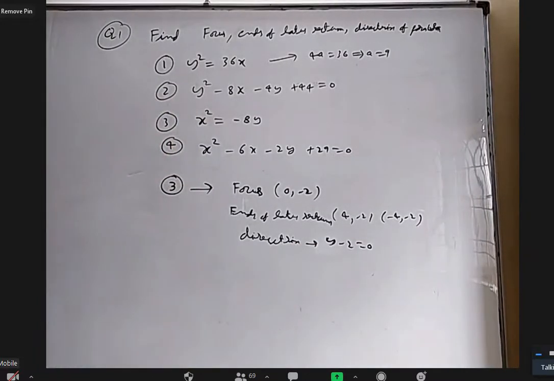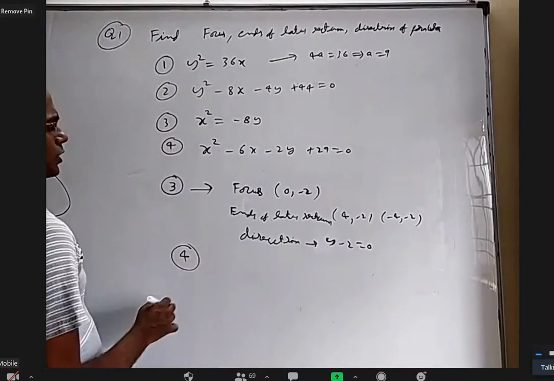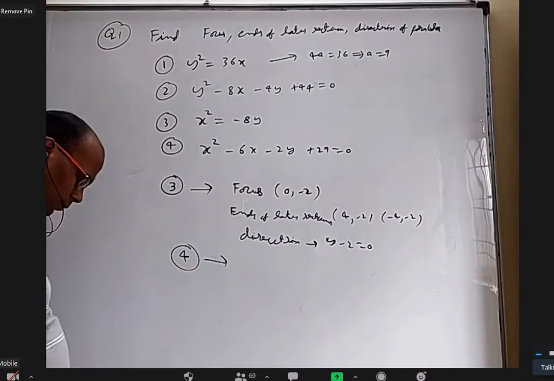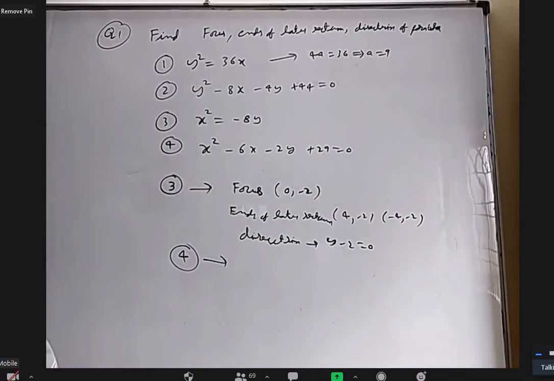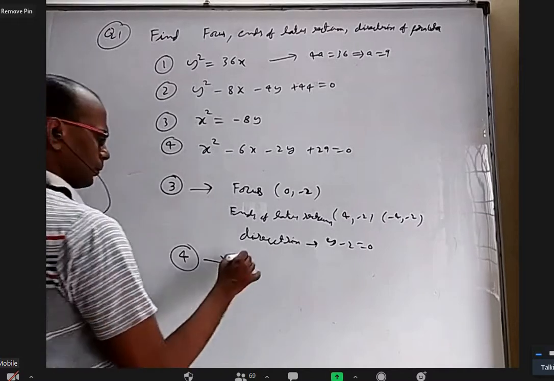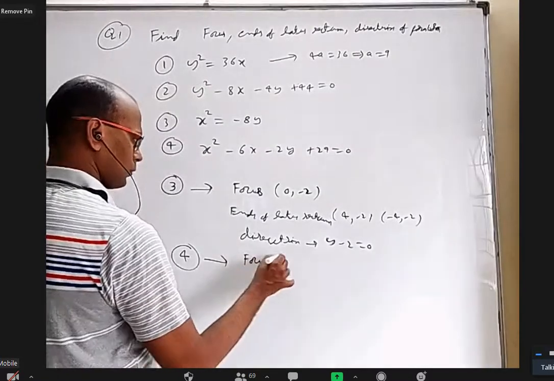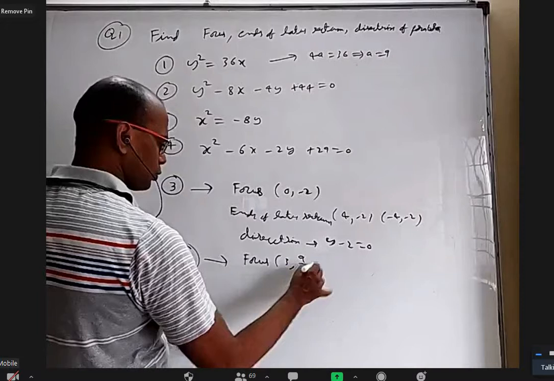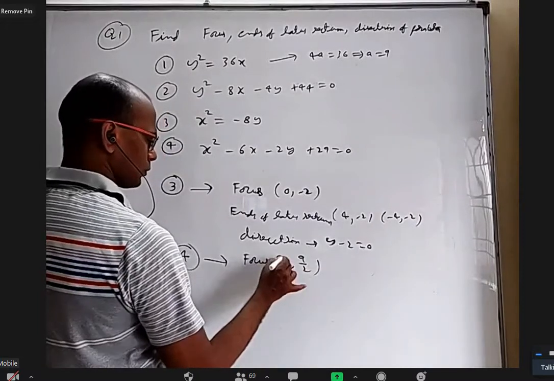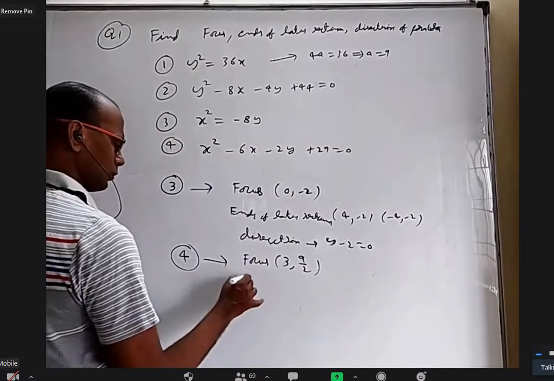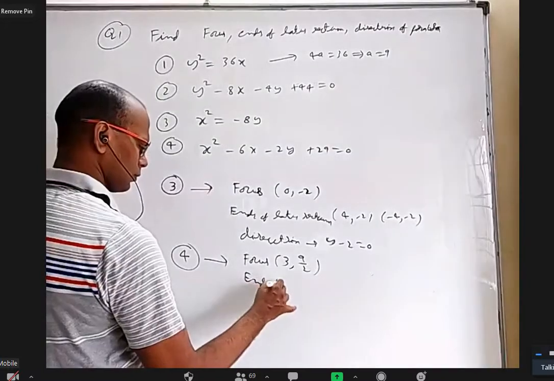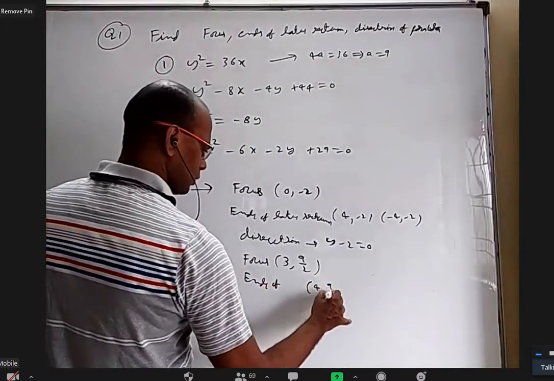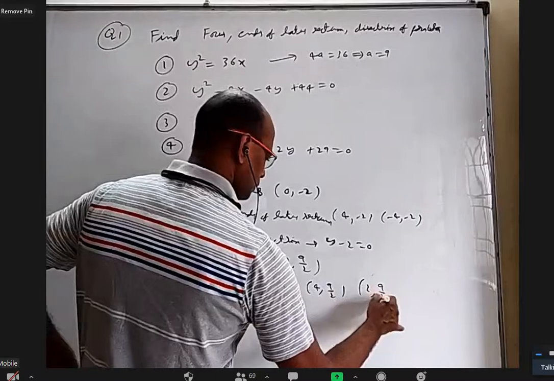Sriharsha, you are there? Yes, sir. Can you tell what are the answers for the fourth one? Focus is 3, 9/2. Okay. Ends of latus rectum are 4, 9/2 and 2, 9/2.